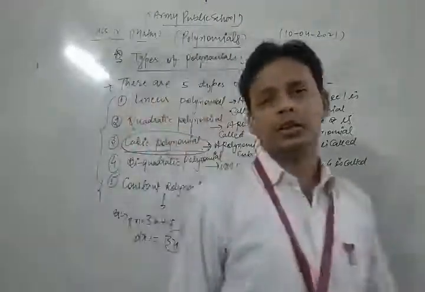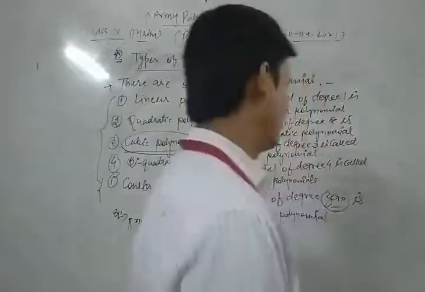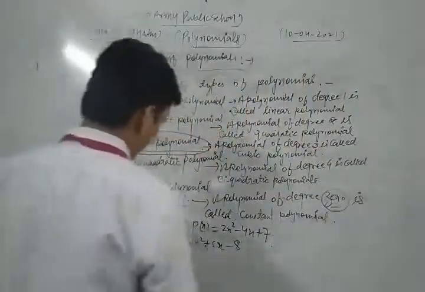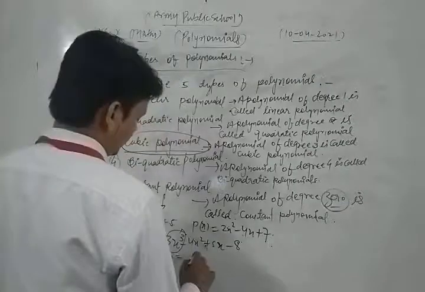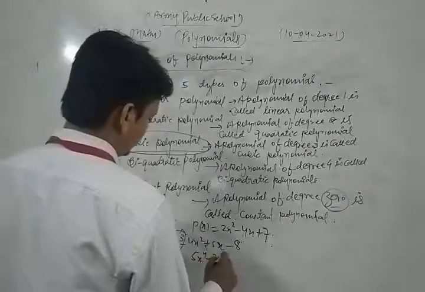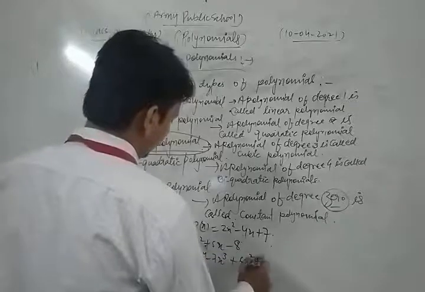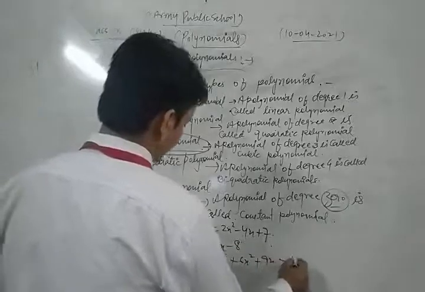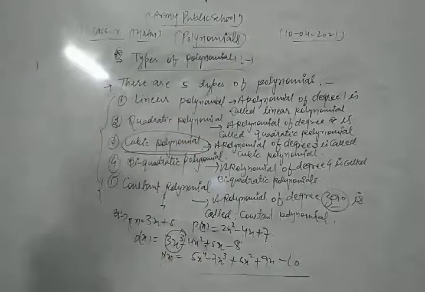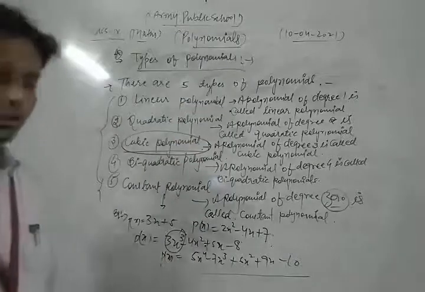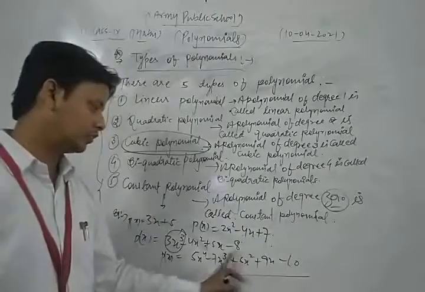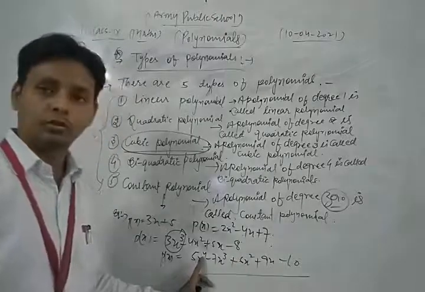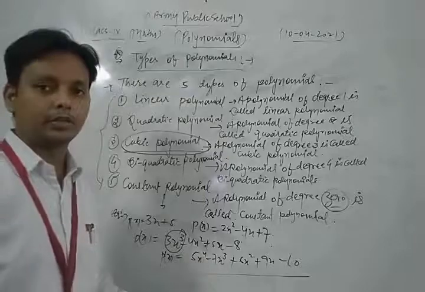Similarly, if we write a polynomial p(x) = 5x power 4 minus 7x cube plus 6x square plus 9x minus 10, the highest power of the variable x is 4. So it is the example of biquadratic polynomial.